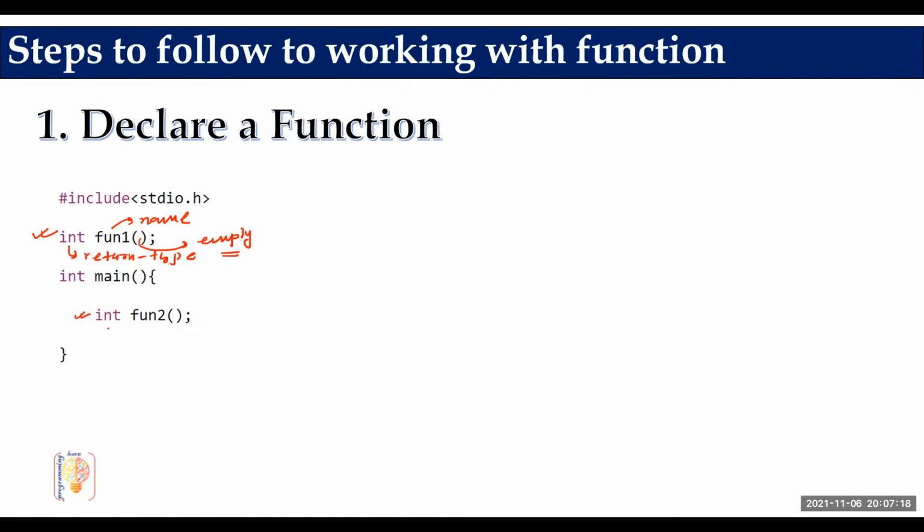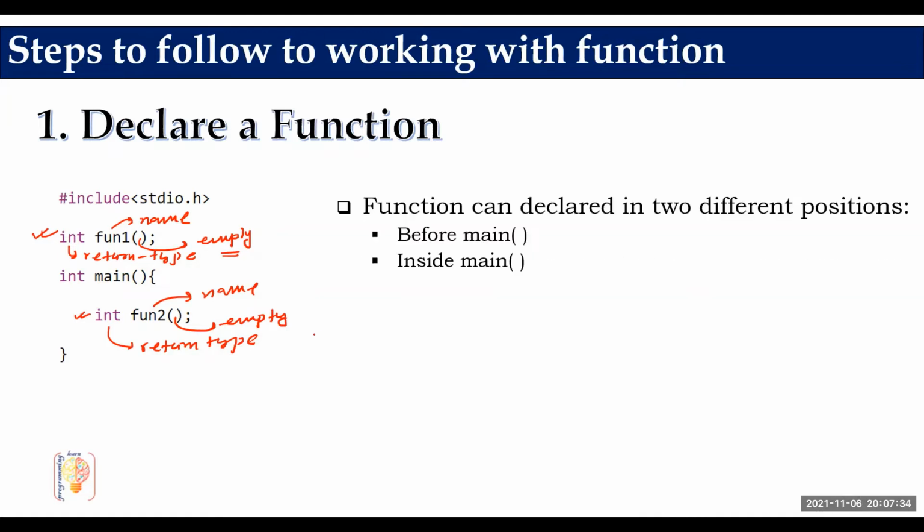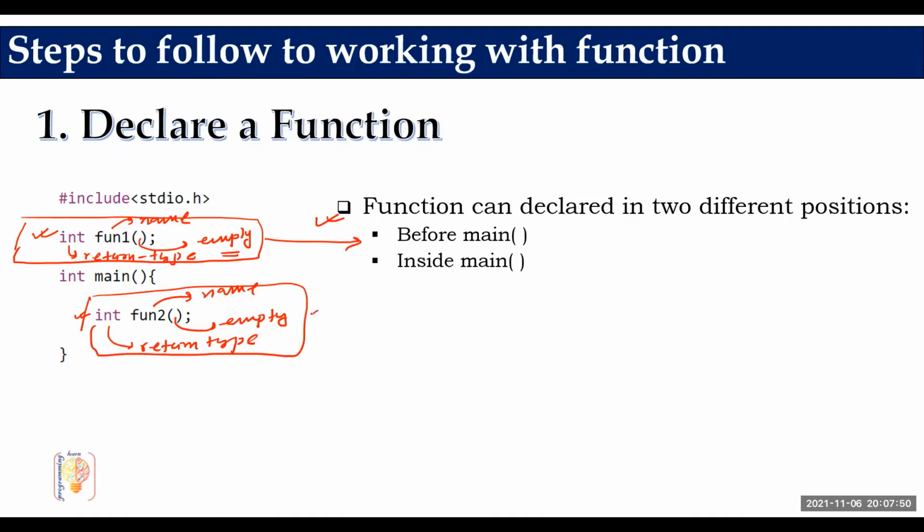Again, int is the return type, fun2 is the name, and the list of parameters is empty as of now. So a function can be declared in two different positions in a C program: before main, here you can see the example, and inside main, this is the example of inside main.